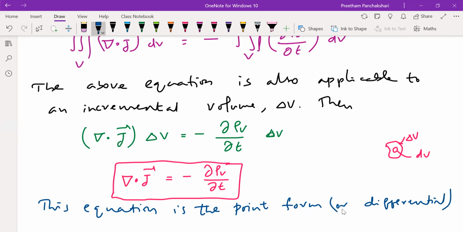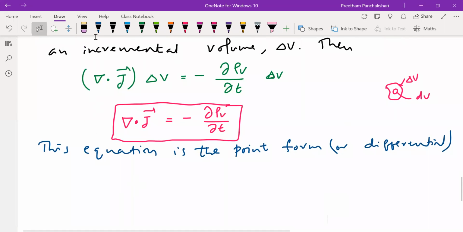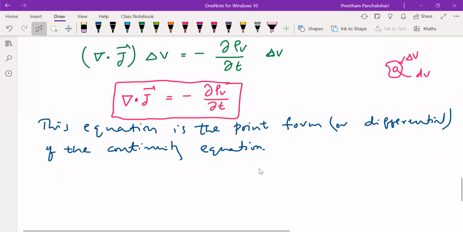As you all know, point form and differential forms are applicable to points in space. The point form of the continuity equation. So this gives two different equations for continuity of current. One is the point form applicable to a point, another is the integral form applicable to a closed surface.